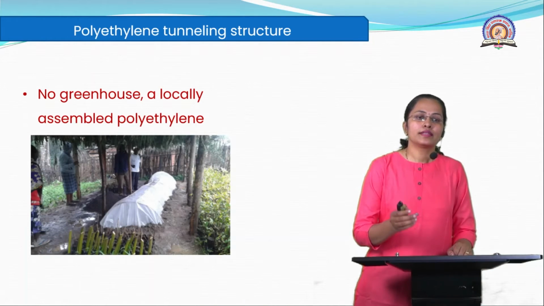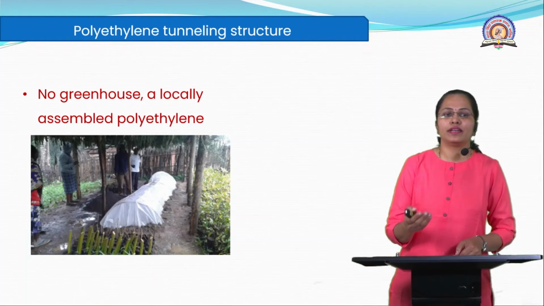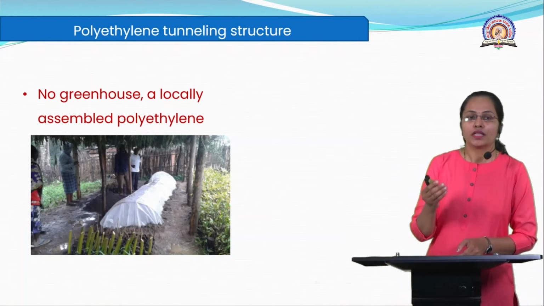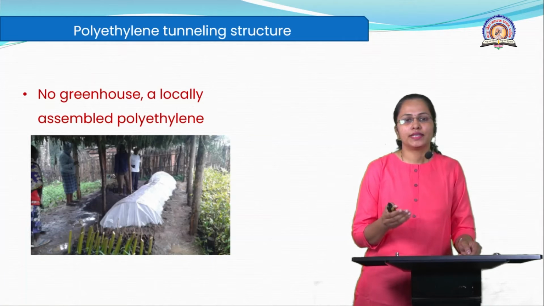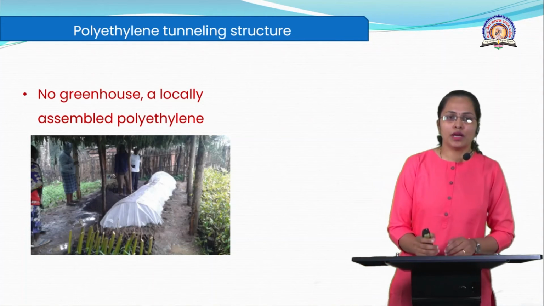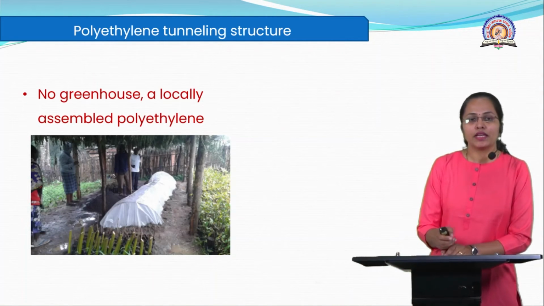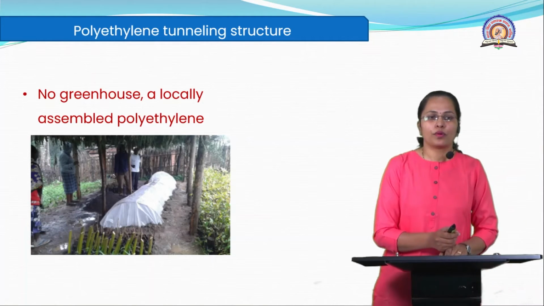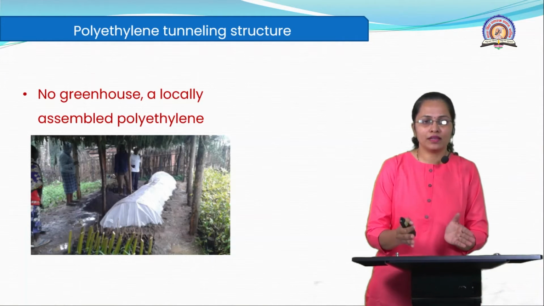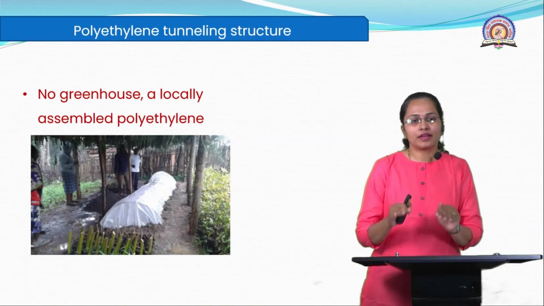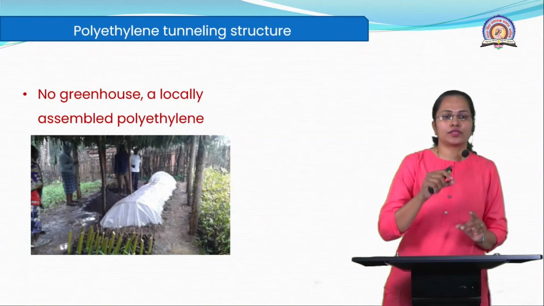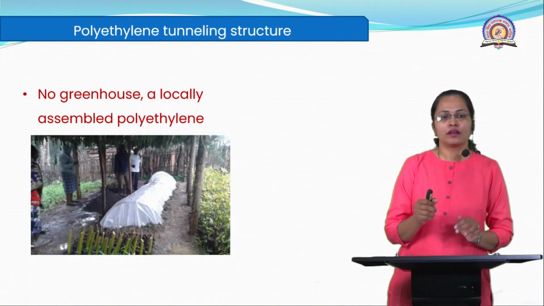Now, if a greenhouse is not available, then we can use a locally assembled polythene tunnel in order to produce the plantlet. We can see in the picture one tunnel covered with polythene sheet, and below that tunnel the new cuttings of the stem were sown.